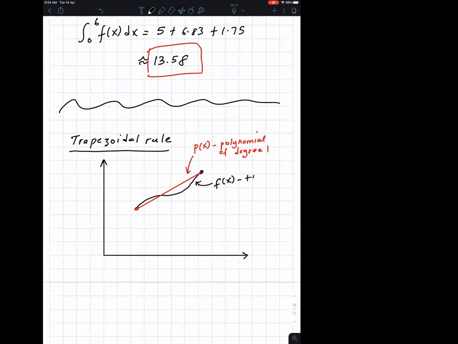This is the actual f(x), the actual curve.